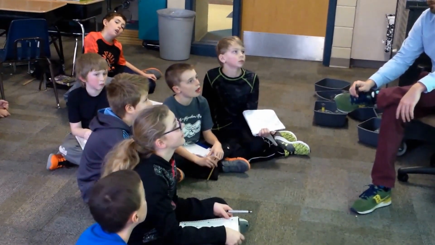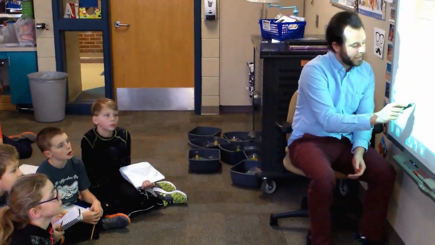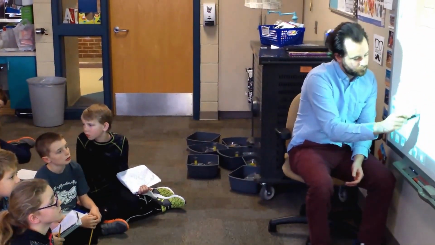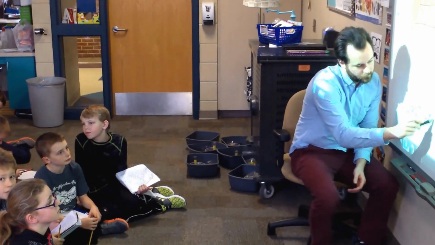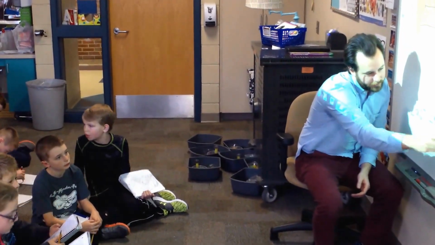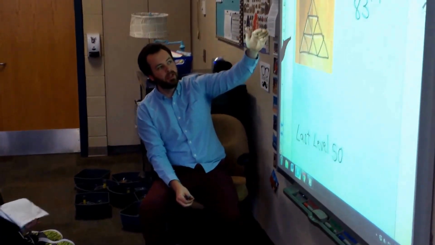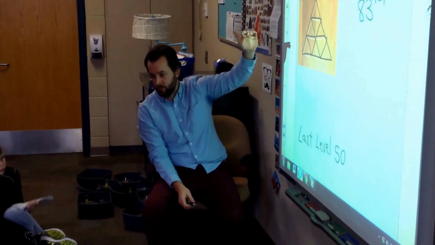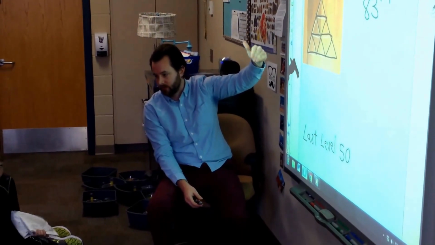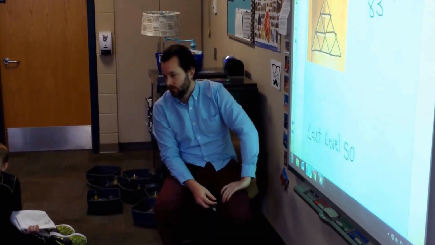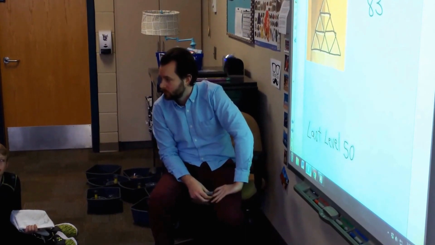There'd be 50. Yes. So you're saying the very last level, 50 toothpicks. And what are you noticing about the difference in toothpicks from one level to the next? You're adding 2 toothpicks.